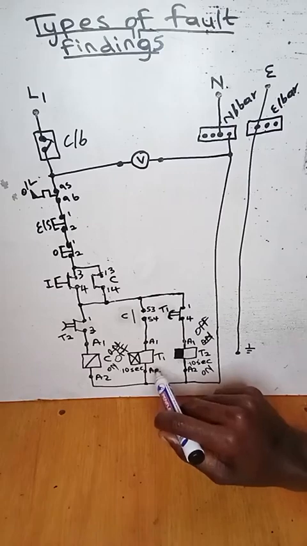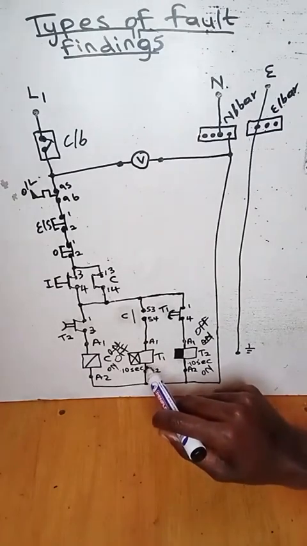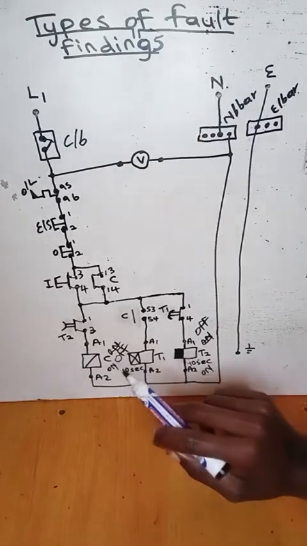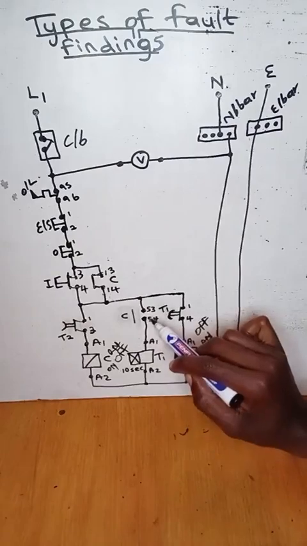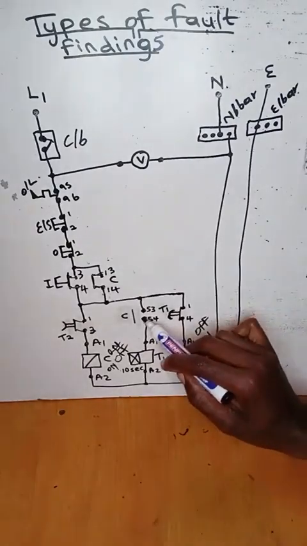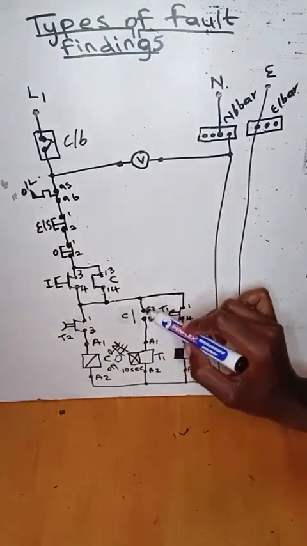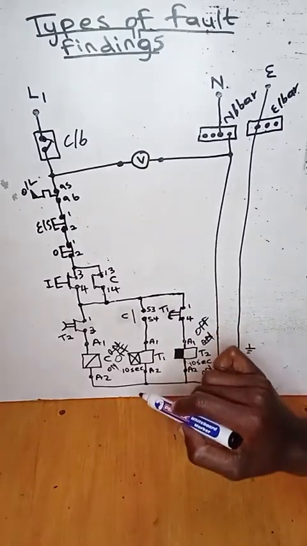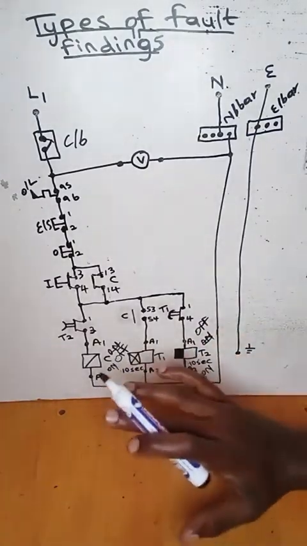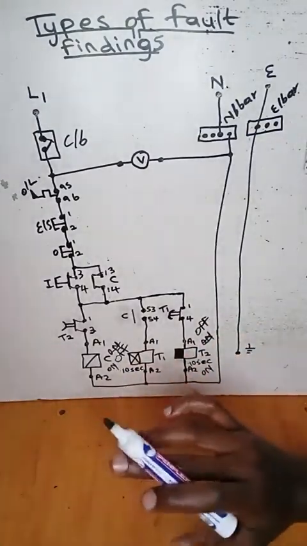So if our delay on timer does not get energized, it simply means you must check from the normal open contact of a contactor, from the in point and the out point. That's where you'll know where your fault is, right?